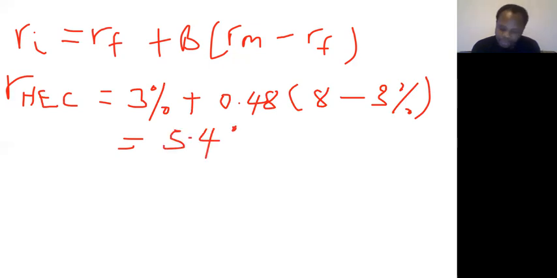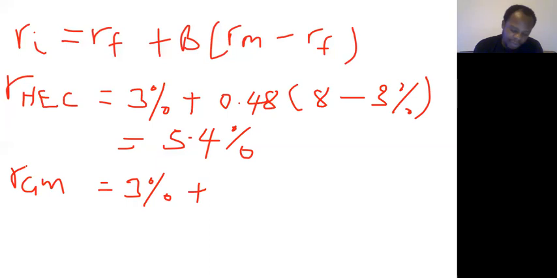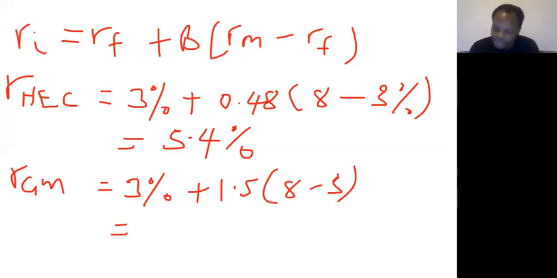And the next one that I'm looking for is R of GM. It is the same as 3% plus the beta, which we know to be 1.5, multiplied by RM, which is 8 minus 3, and that gives you 10.5%. Okay, great.